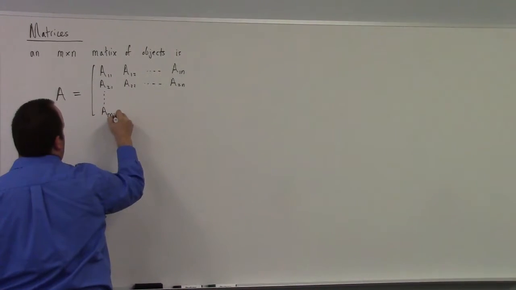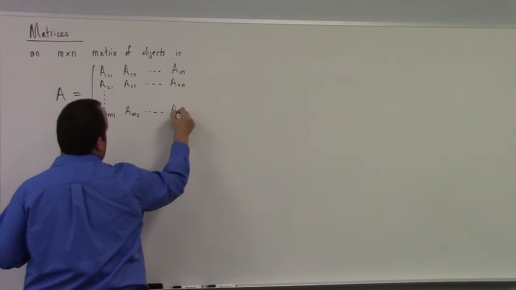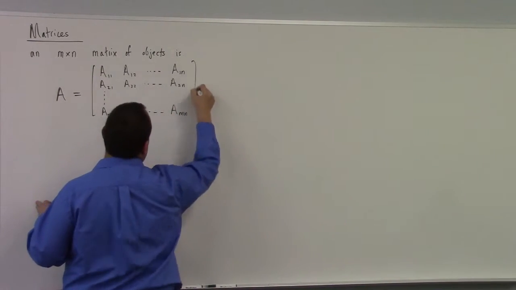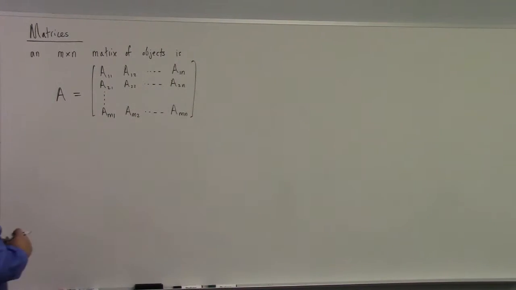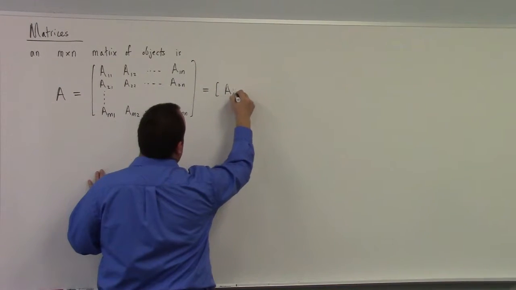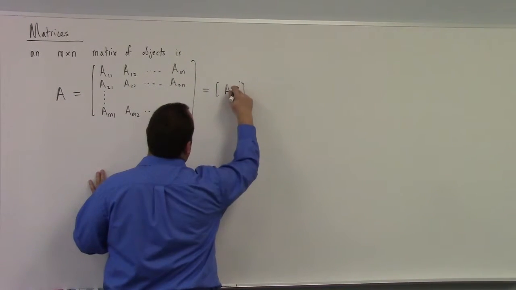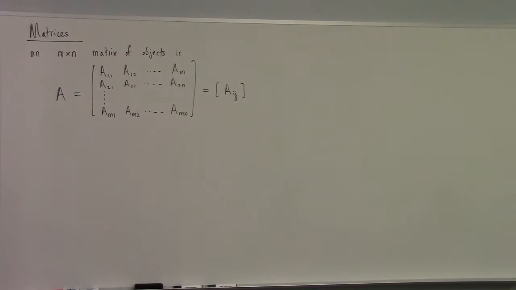So here we have Am1, Am2, Amn. Sometimes you express this more compactly like this, A_ij with the brackets. So in short, a matrix is some sort of box of objects. It's an array of objects.